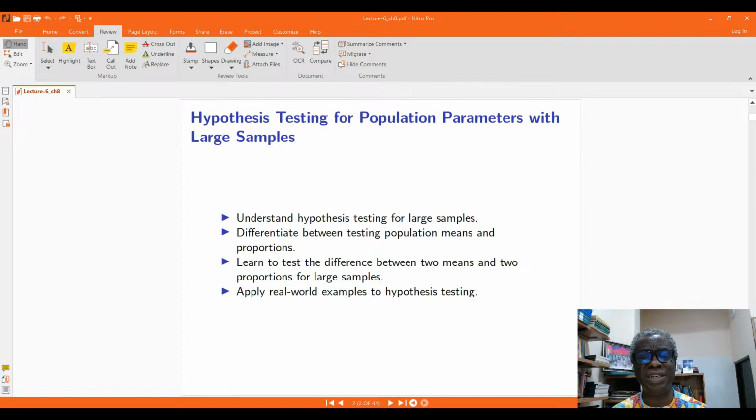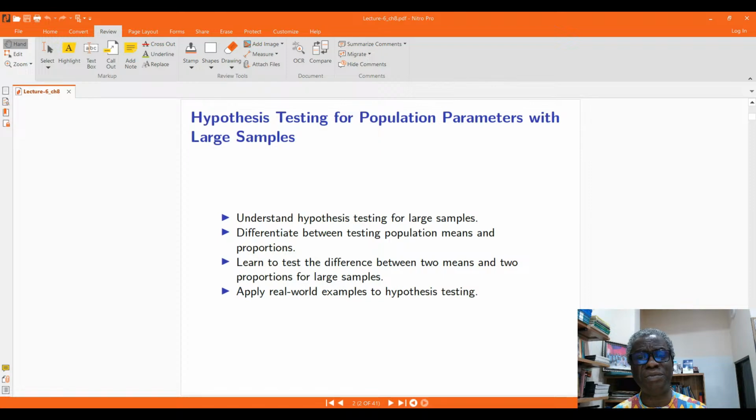Hopefully, at the end of the lecture, I expect that, one, you have a good understanding of the framework for hypothesis testing with large samples. Two, you will be able to differentiate between testing population means and proportions.